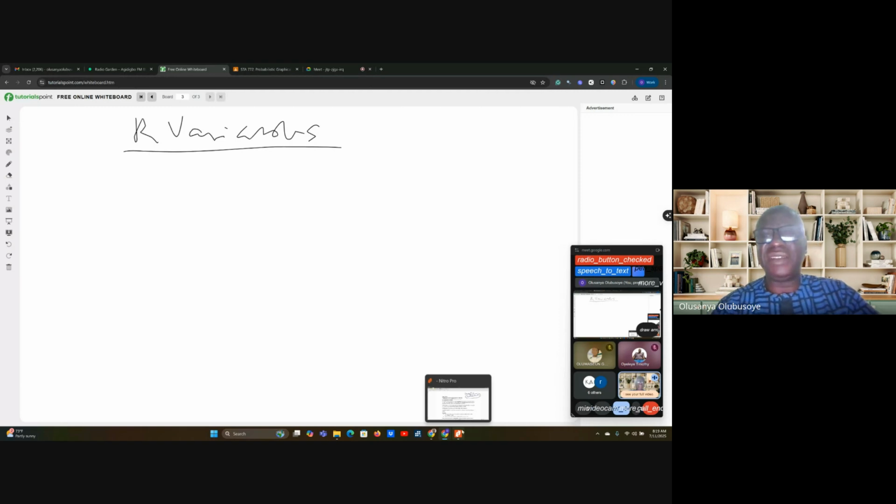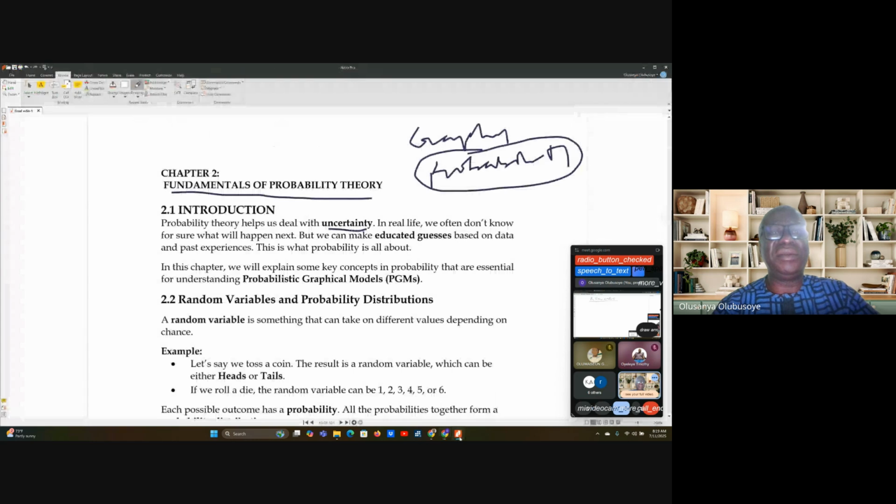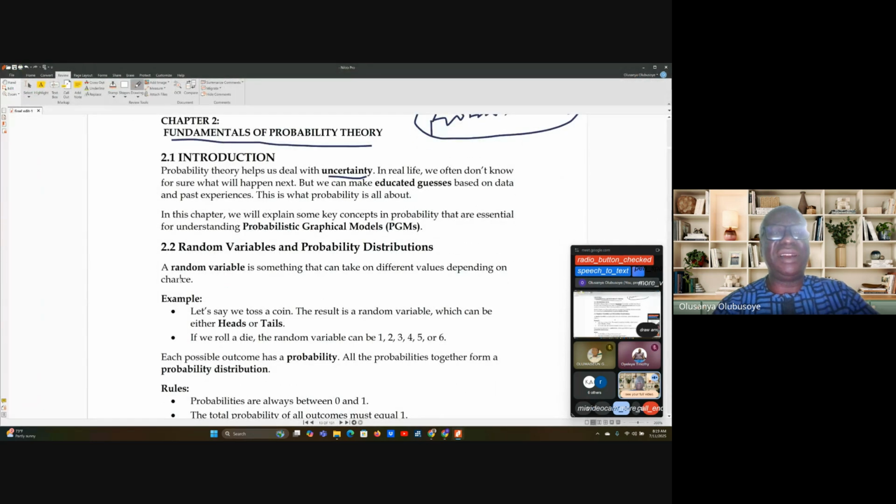And you have an example there. By definition, the random variable takes on different values depending on chance. So we have an example. If we are tossing a coin, we don't know what will happen.